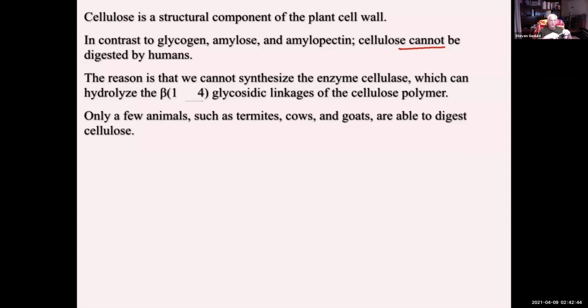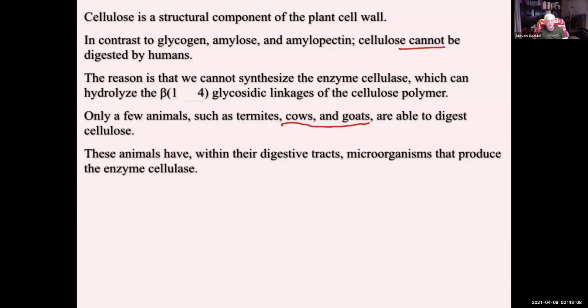Only a few animals like termites, cows, goats are able to digest cellulose. And cows and goats can do it only because the bacteria in their gut are breaking it down. They're not producing that enzyme either. But the bacteria that live in their intestines allow them to utilize that as a food source.